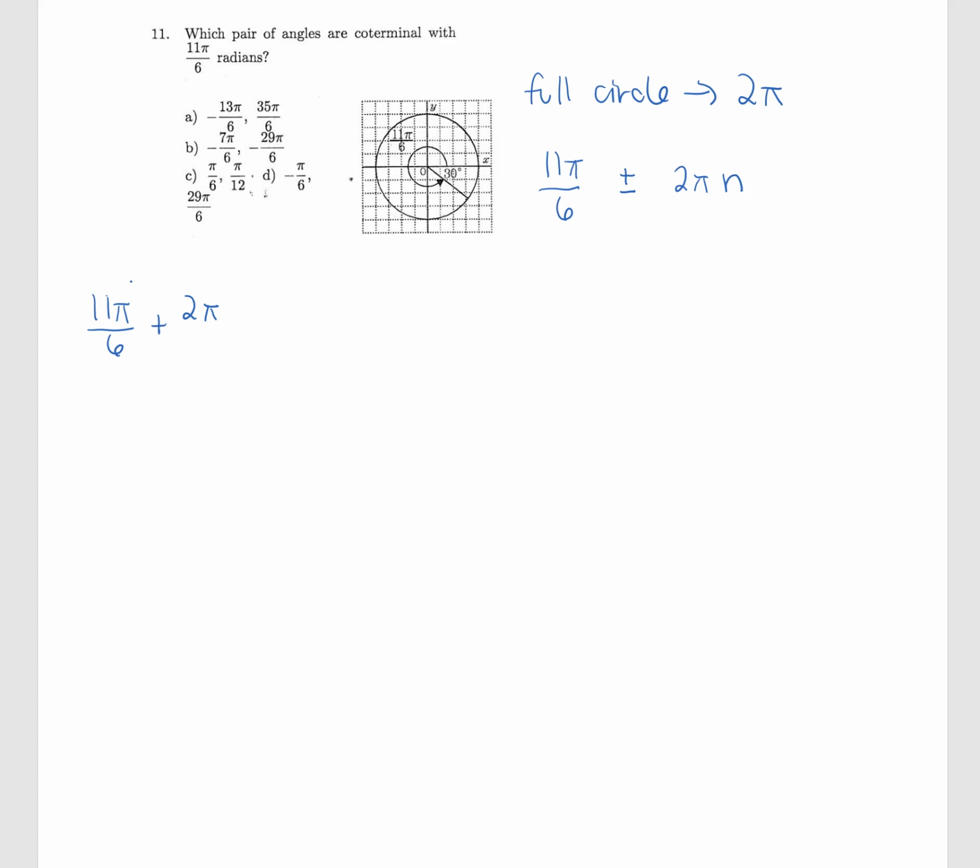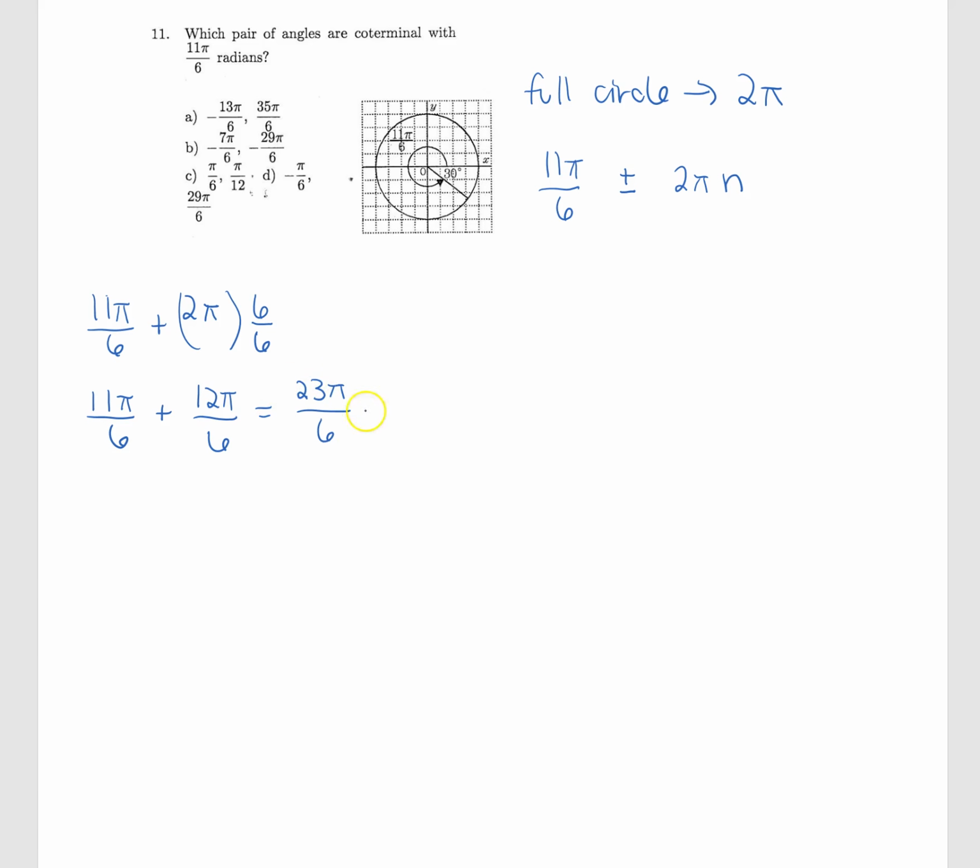And so what I'm going to do is multiply 2 pi by 6 over 6, which is just 1. This is going to give me 11 pi over 6. 2 pi times 6 is 12 pi over 6. And so now I can add those two together easily. 11 pi plus 12 pi is 23 pi over 6. So that's not one of our options up here, but it's still a coterminal angle.